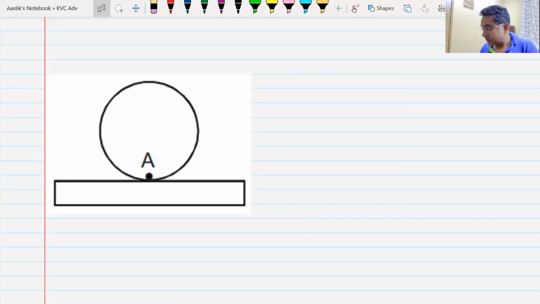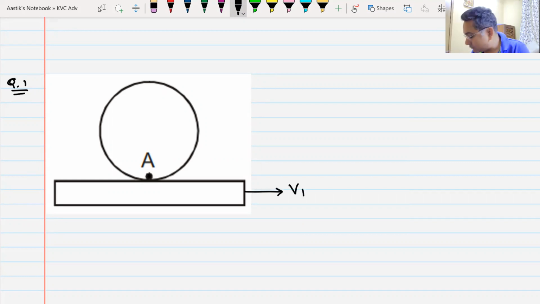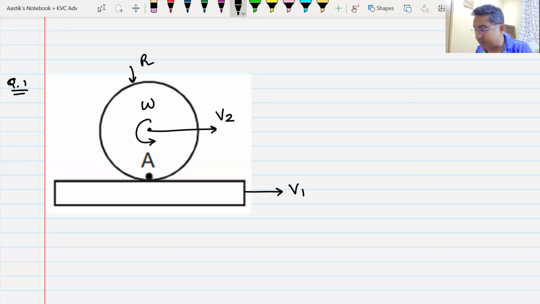Now, let us try to make some cases here and try to understand what is happening. Let us say that this lower thing moves with a velocity v1. Again, I'm talking about everything with respect to ground. This gentleman is going to rotate with an angular velocity omega. The radius is r, and this is moving forward with a velocity v2.